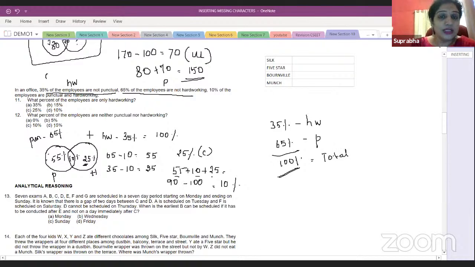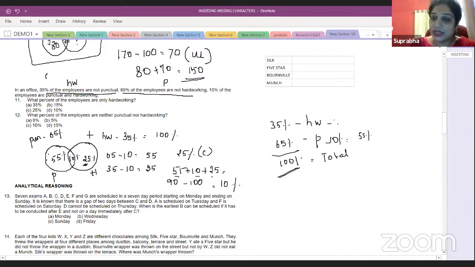Now, 10% of employees are punctual and hardworking, hence your Venn diagram intersection part comes as 10%. So this 10% includes punctual and hardworking. Now, if I have to separate punctual alone or hardworking alone, what will I do? Obviously, my punctual is 65. In this, I'll remove 10%, minus 10%, which will give me 55%.